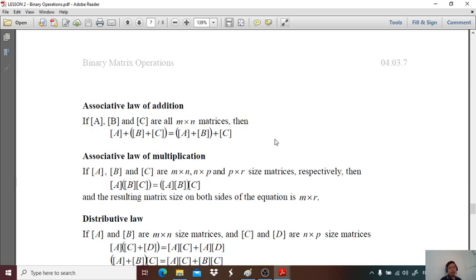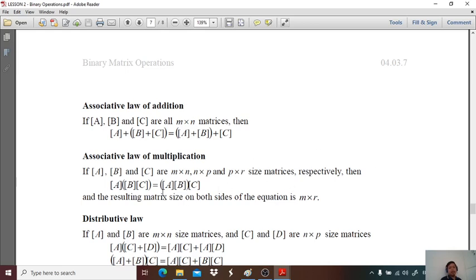Then for the associative law of multiplication, this is only applicable if the first matrix is M by N, then the second matrix is N by P, then your third or C matrix is P by R, respectively.